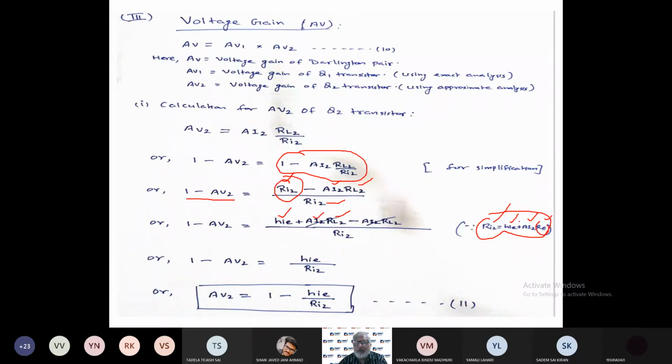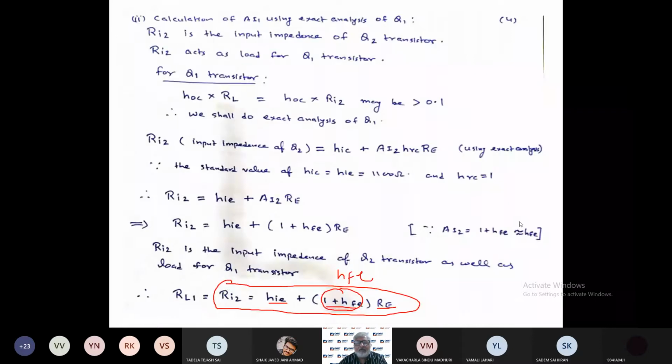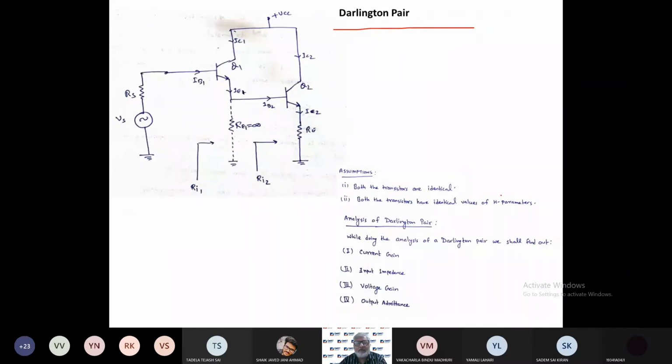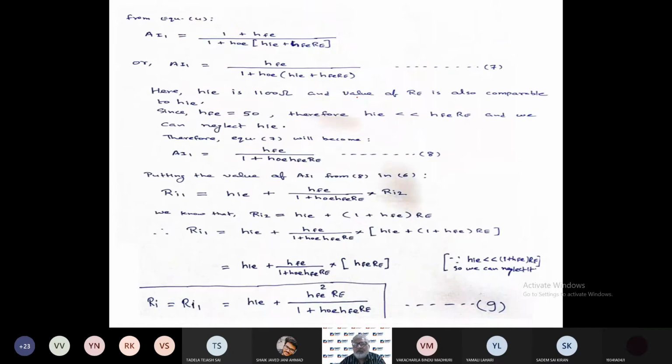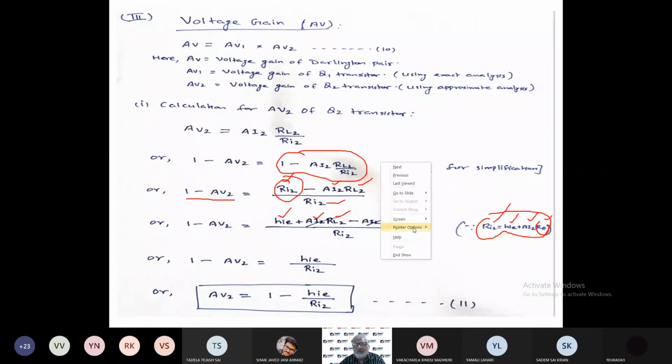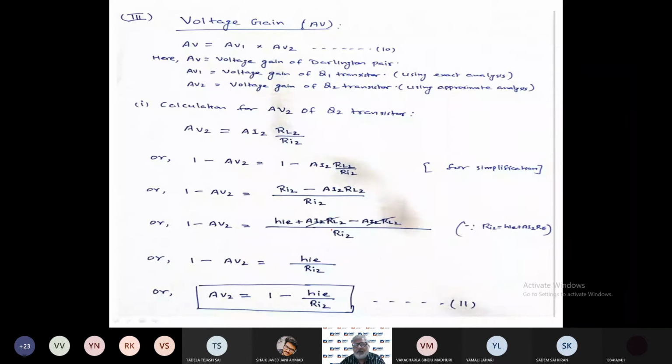What is the meaning of RE? RE is this, and this is nothing but the load RL2, the load of the second transistor. So the same thing here: I have written RL2 in place of RE, and minus AI2 RL2.